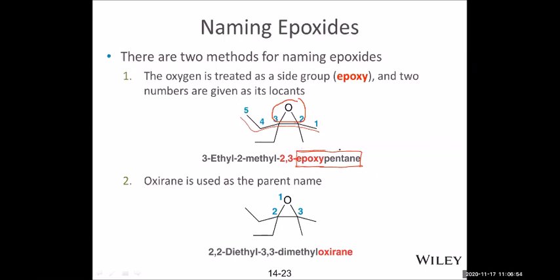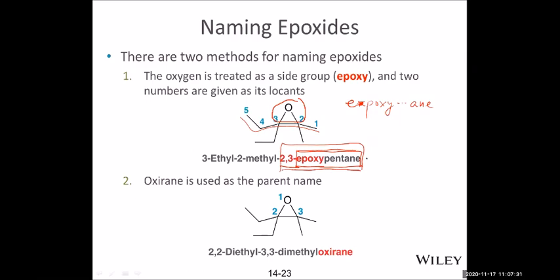So the first naming is epoxyalkane, and then we name the substituents. Position 2 has a methyl, position 3 has an ethyl, so 3-ethyl first, 2-methyl, and then this is the parent and the location for the epoxy bond.